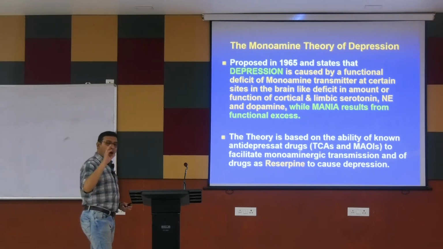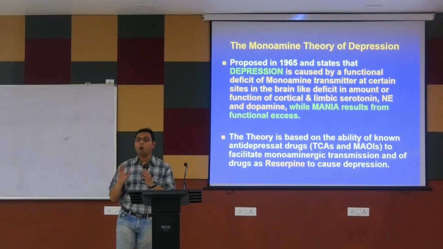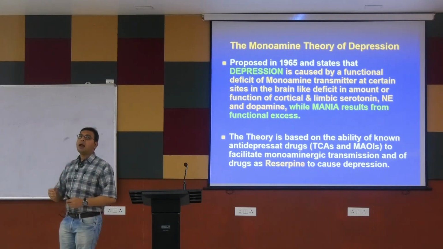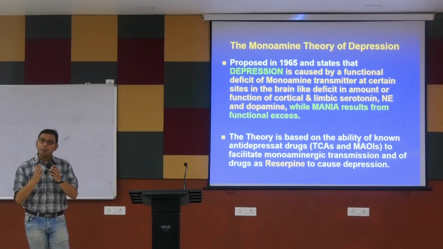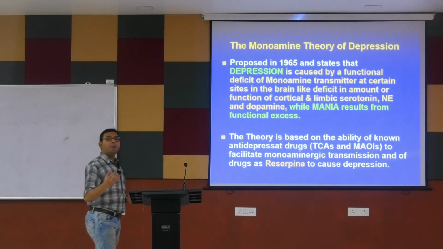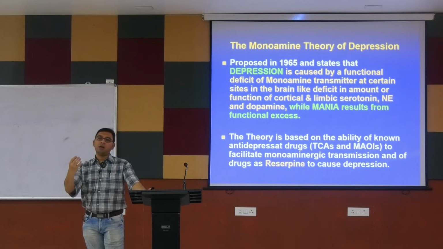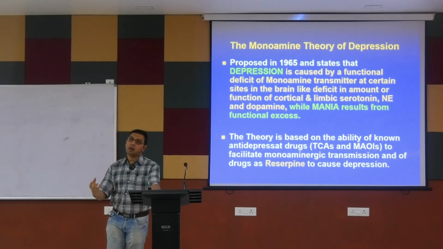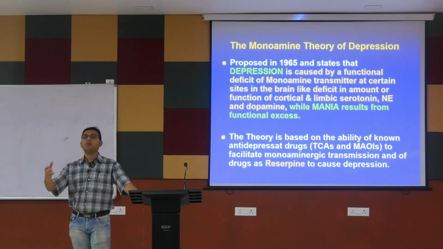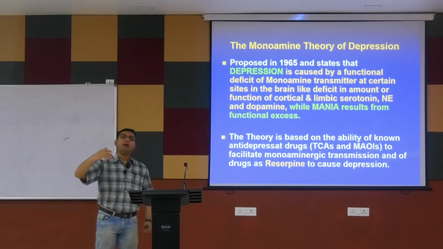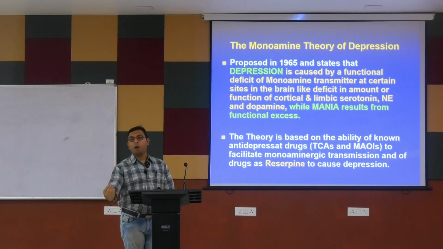So remember how depression happens according to the monoamine hypothesis. There may be a functional deficiency or an actual deficiency. Functional means the neurotransmitters are present in the synapse, but not all of them can act on their receptors because some of it can be taken back, or there may be some problem in the receptor.